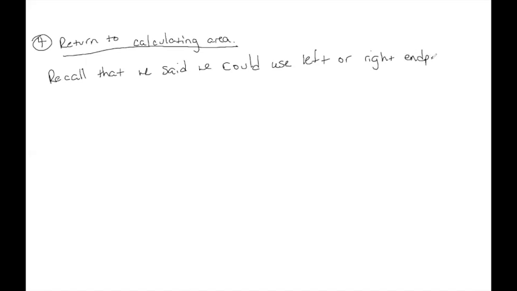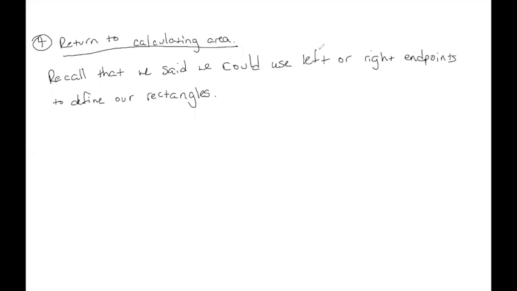So we're going to return to the examples that we had seen and recall that we said we could use left or right endpoints to define our rectangles, right? So we're just returning to the point where we use rectangles to estimate area.